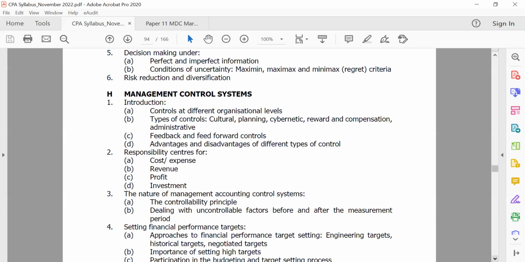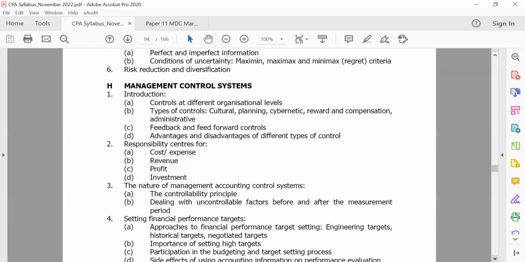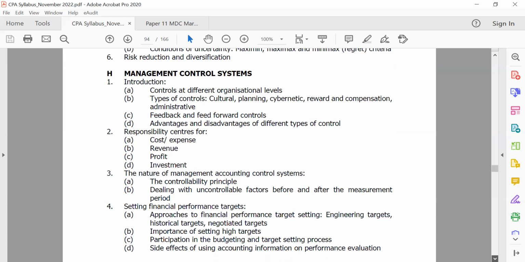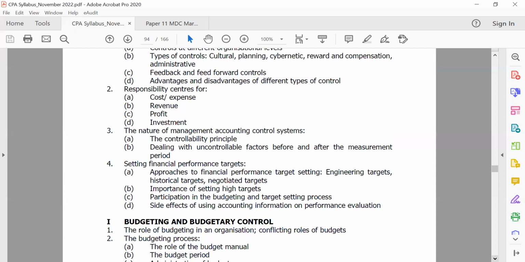It's like driving a car and you're moving from Masaka to Kampala. How do you ensure that you actually reach Kampala? So as management accountants, we help management with different information, like budget versus actual analysis, to ensure that they understand the journey they are on. So that's important with management control systems.